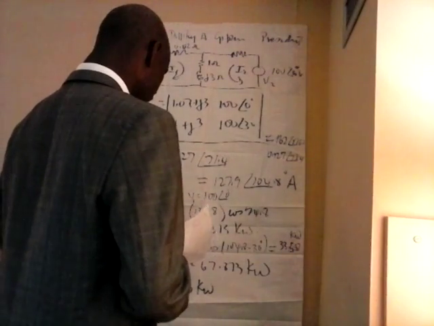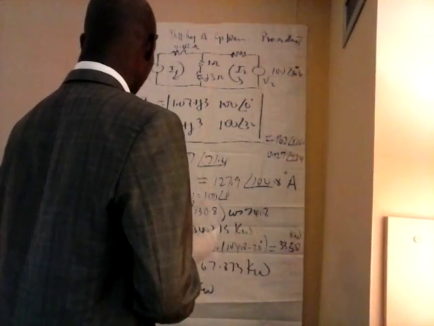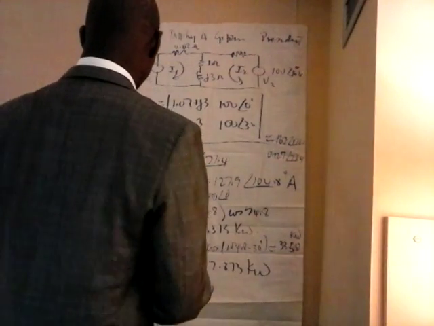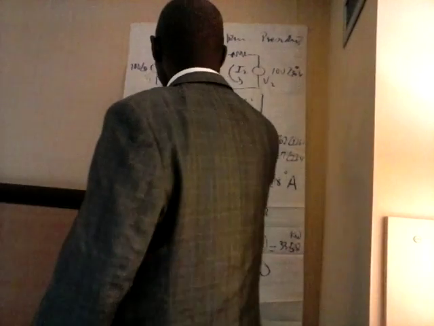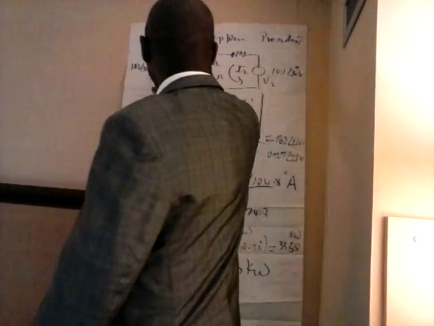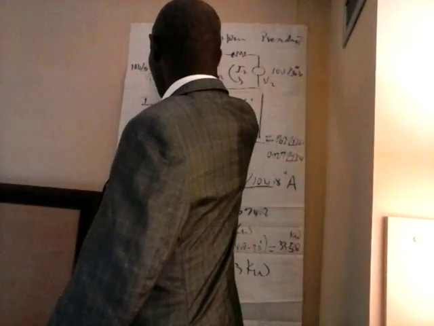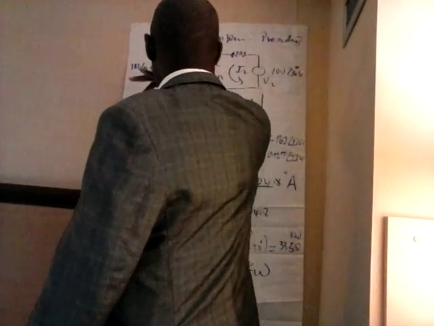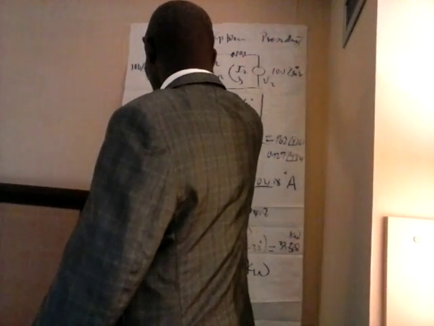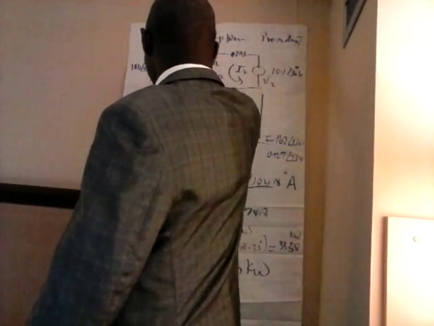All right, so here we have found I1, I2, and we have also found the power due to I1 and I2 via the voltage sources. P equals VI, or P equals I squared R, but since we found the current, we use P equals VI.